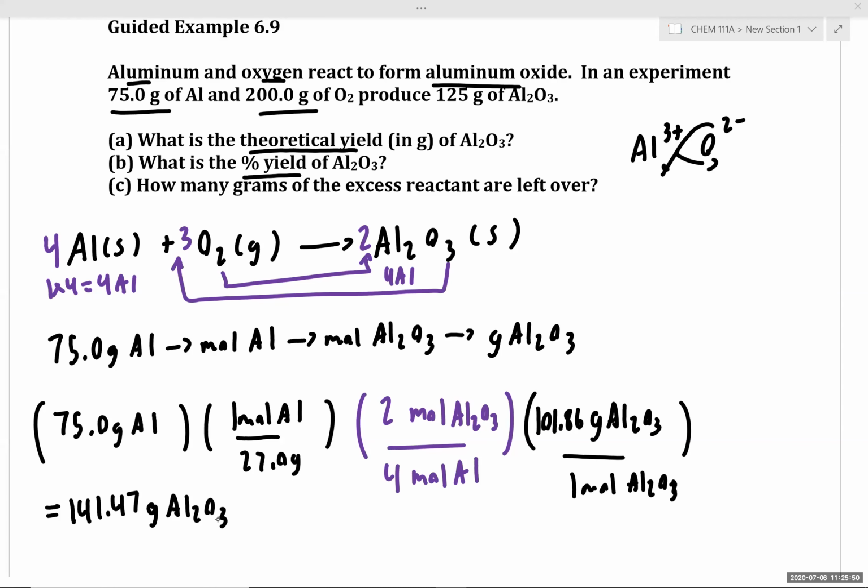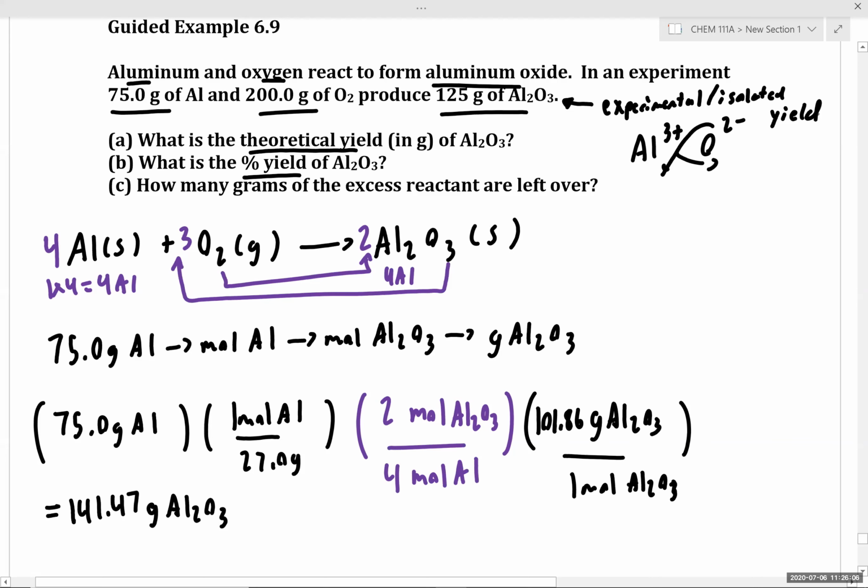We'll talk about that in a moment, but the mass of aluminum oxide produced is known as the experimental or isolated yield. This is how much you actually get from the reaction when you as a student ran this experiment.